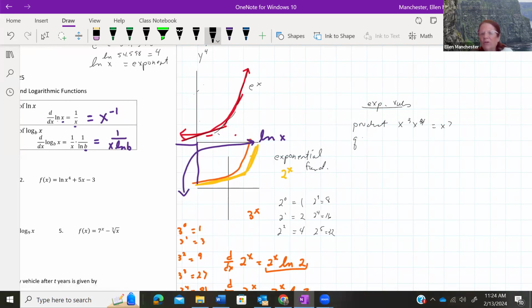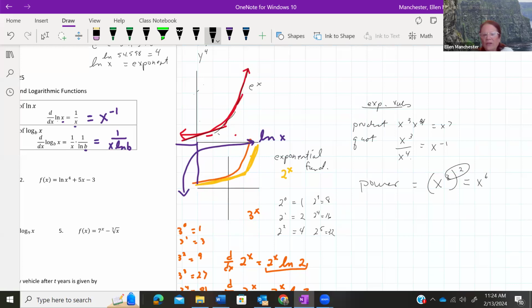You add. When you have the quotient rule, if I have x cubed divided by x to the 4th, I get x to the -1, right? Because we subtract. And then there's the power rule for exponents. The power rule says if I have x cubed raised to the 2nd power, I multiply these two.